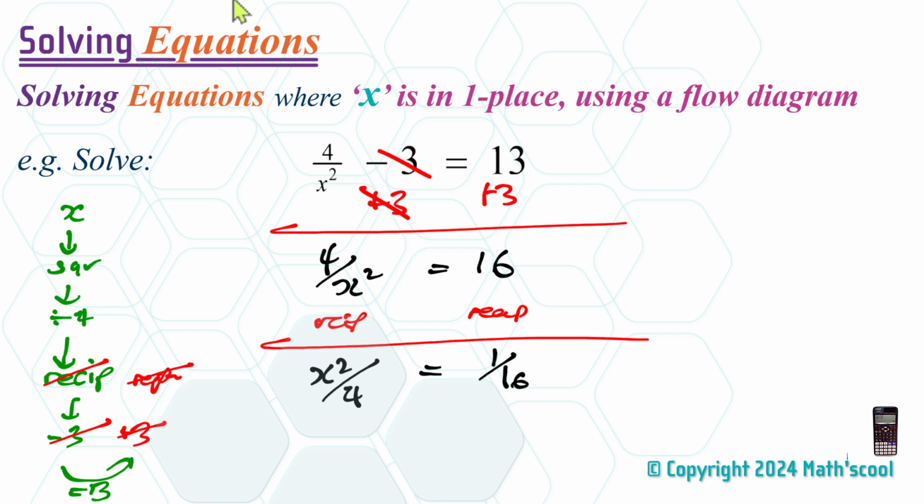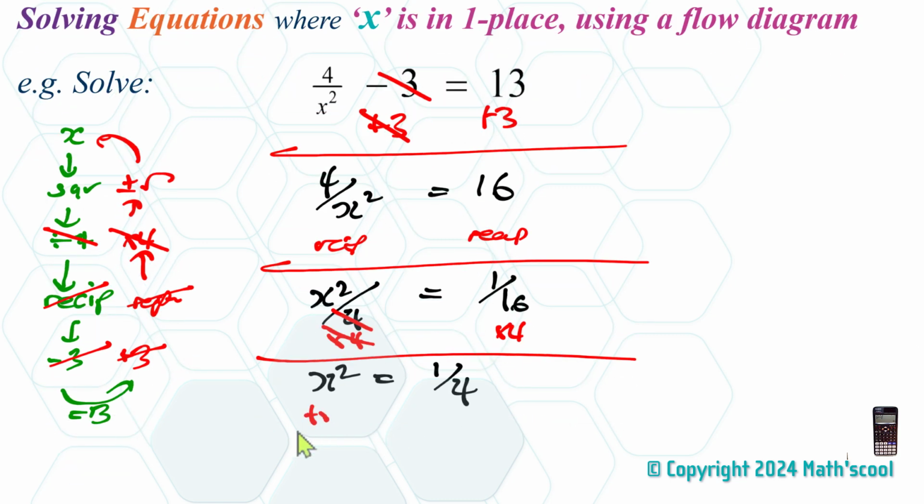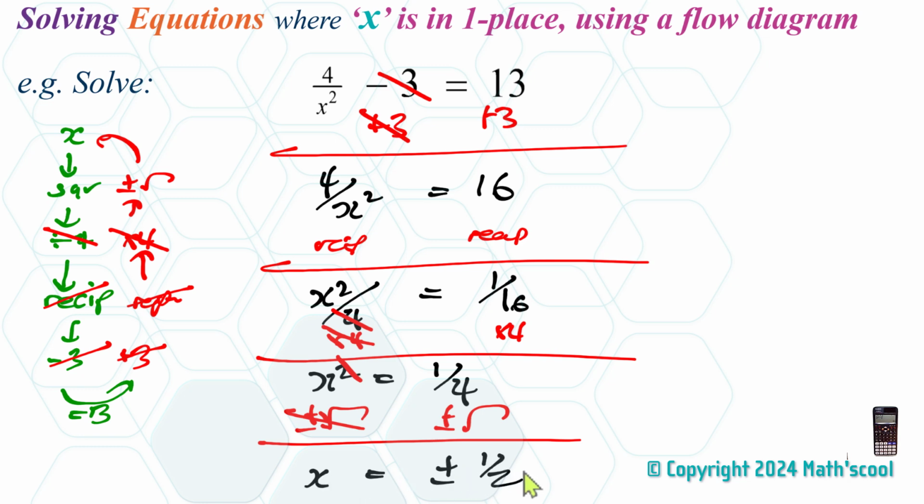Now I'm going to times by 4 both sides, and so that's going to give me x squared equals 4 over 16, which is a quarter. And then the last thing, opposite of square, is plus or minus square root on both sides. That cancels out with the squared, and it gives me x equals plus or minus a half.